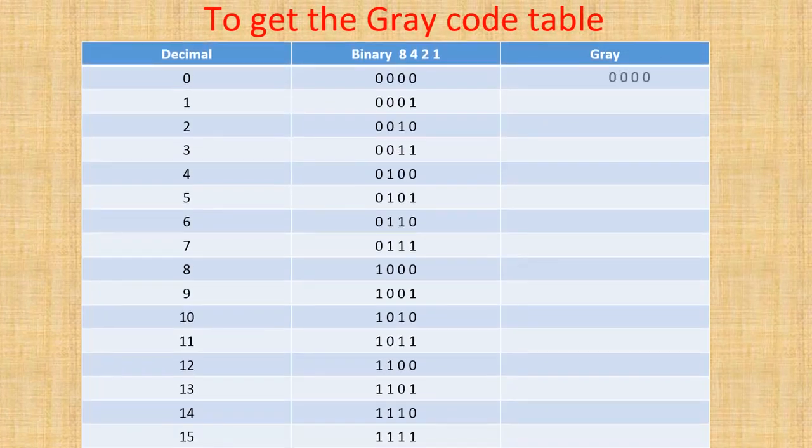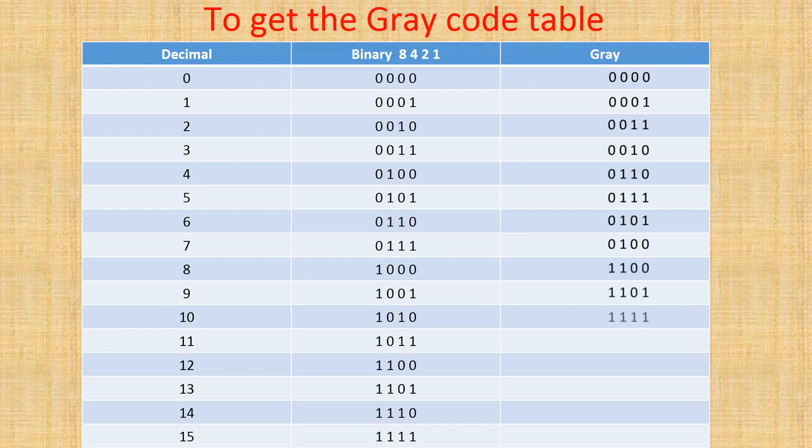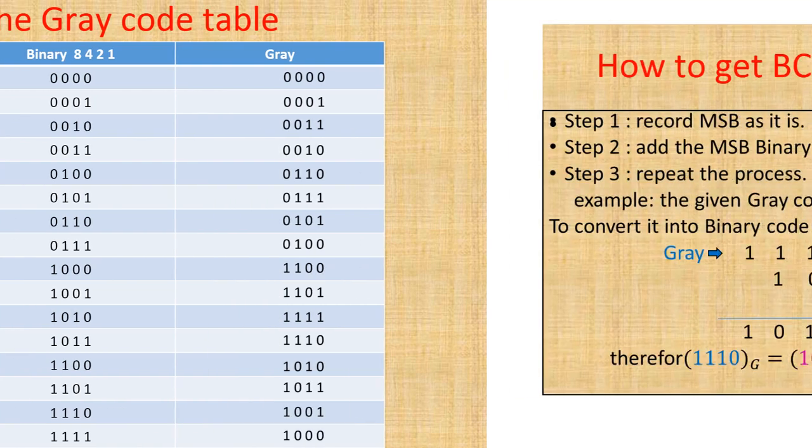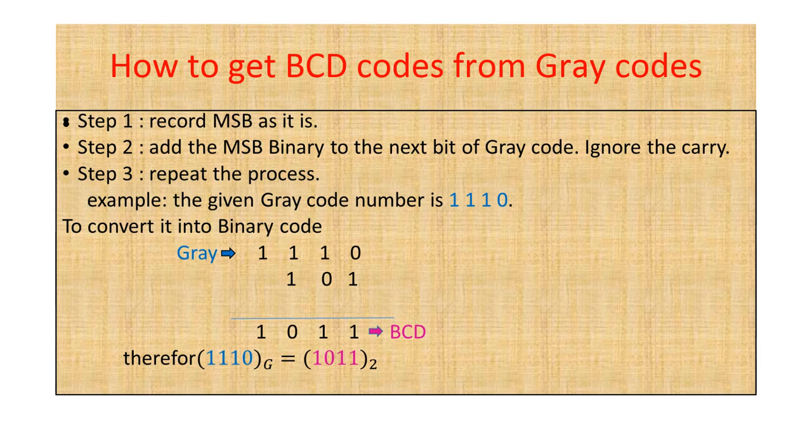By using these techniques, you can better understand this table now. Now we have to learn how to get binary codes from gray codes.